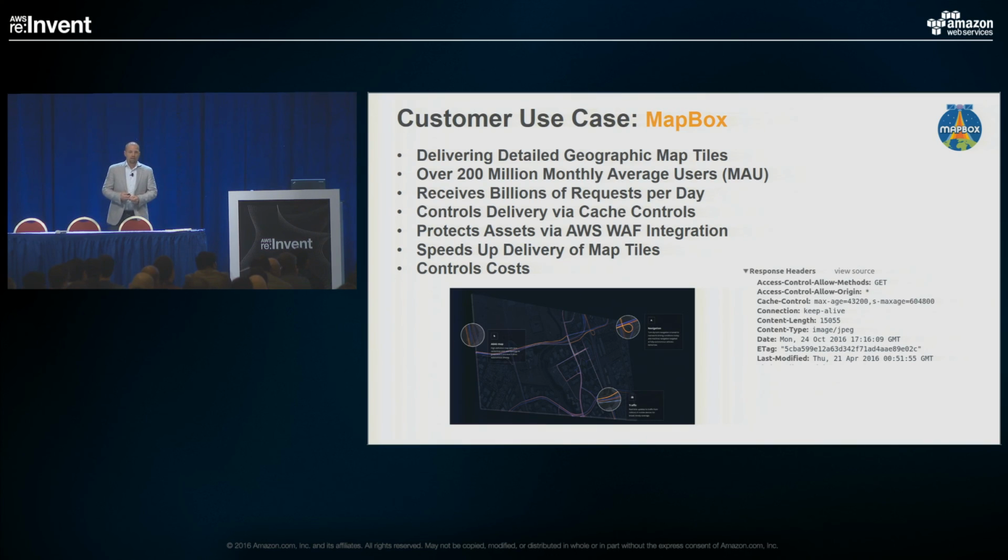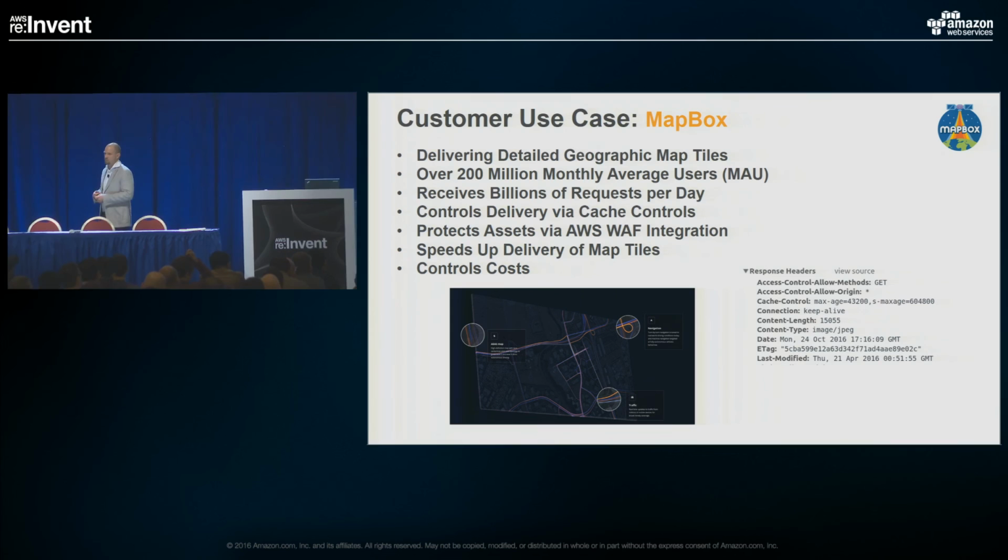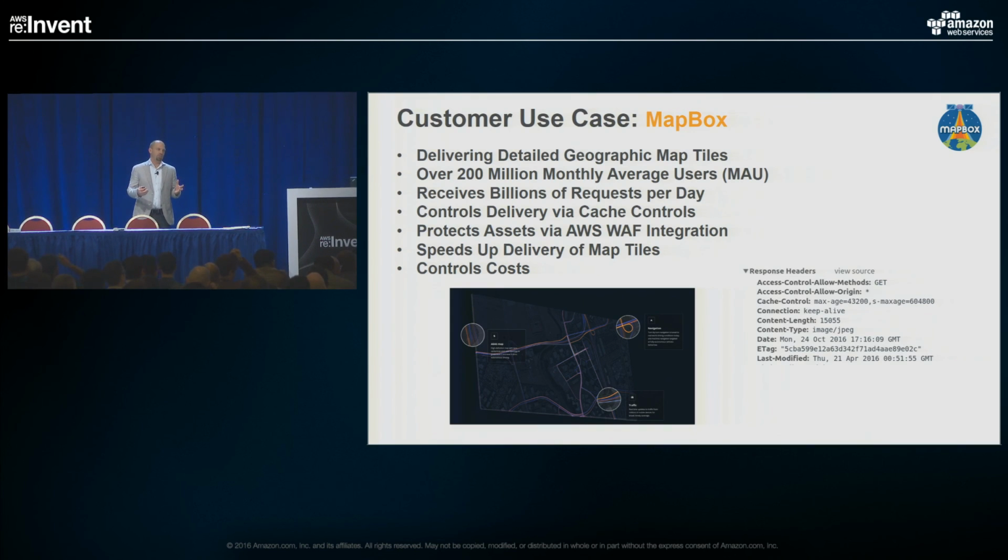For MapBox, they have a lot of geographical tiles that they deliver for mapping applications. They have about 200 million monthly average users. We receive billions of requests today for these tiles, and these tiles are their most valuable asset.